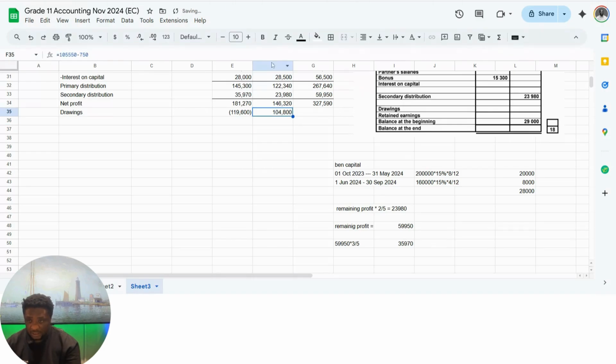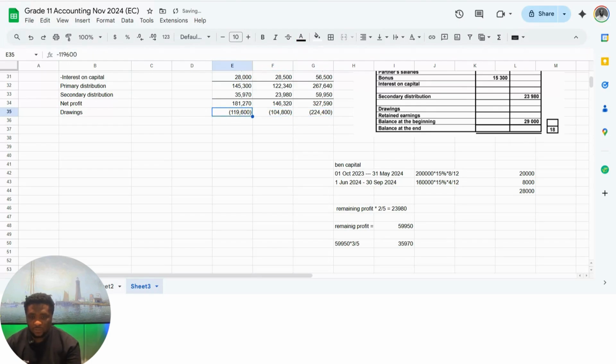Obviously we want to make sure we put it as a negative, so I'm just going to put it in brackets with a negative in front of it. And so there it is, 104,800.